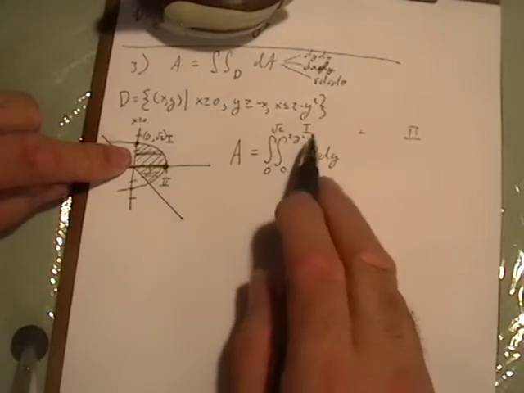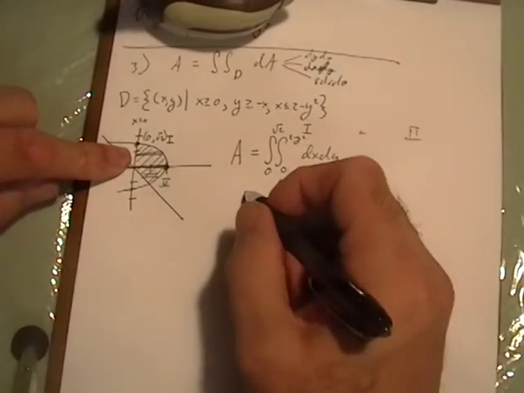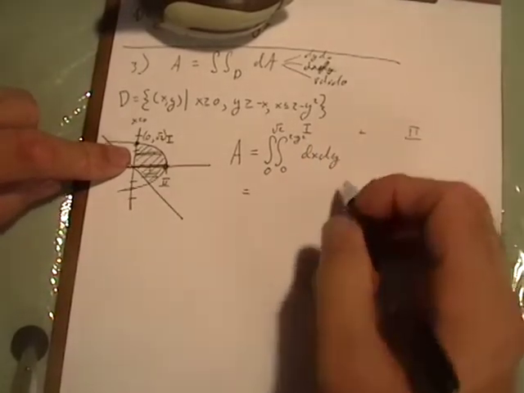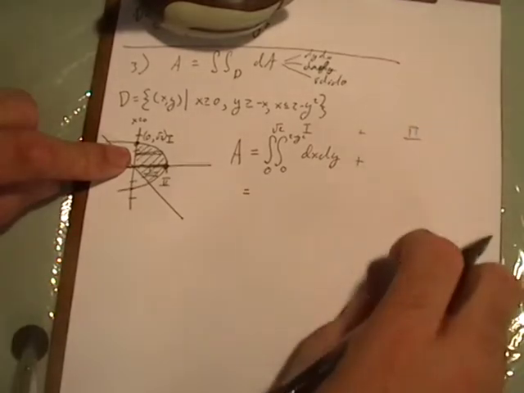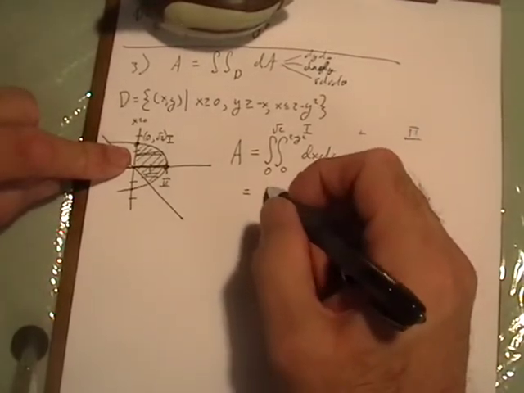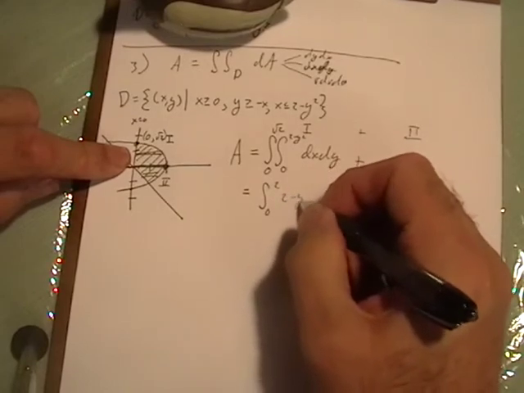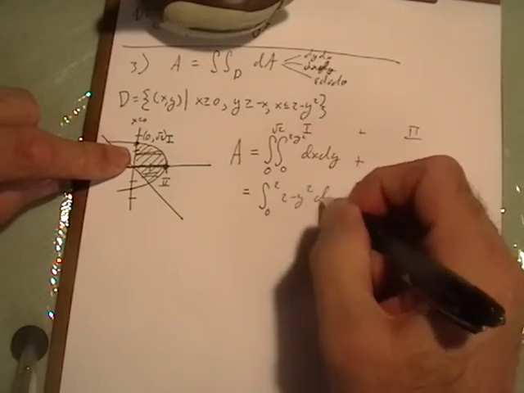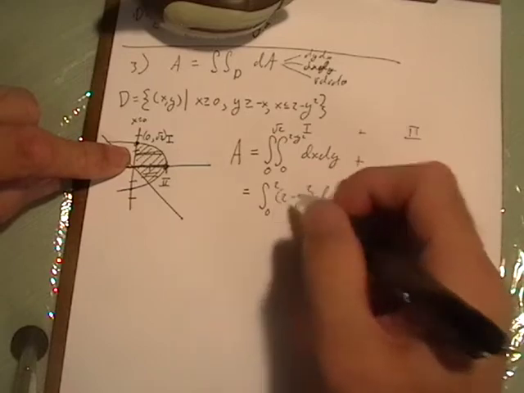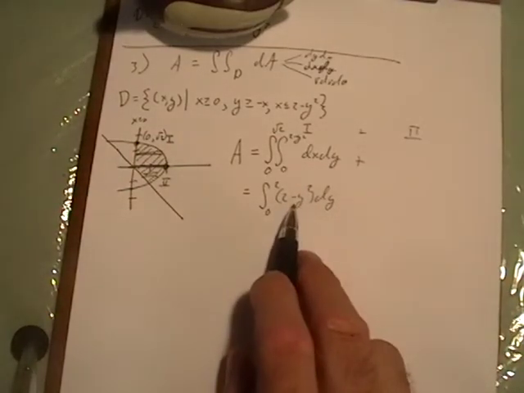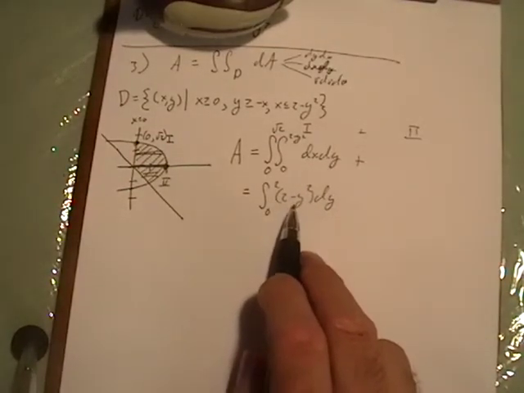And that will be area 1. Let's just follow through with area 1 by itself. We'll worry about area 2 later. This will be the integral from 0 to root 2 of 2 minus y squared dy. As a matter of fact, this is the integral that you would have written in Cal 1.